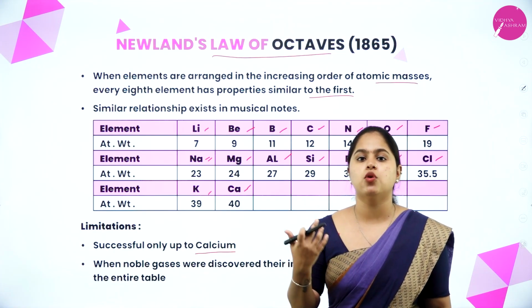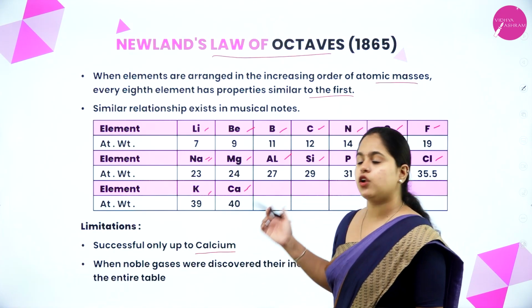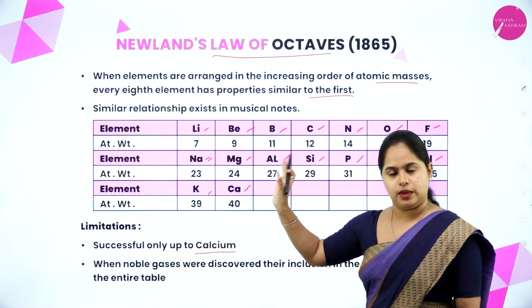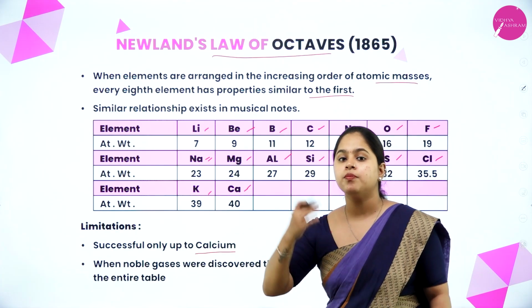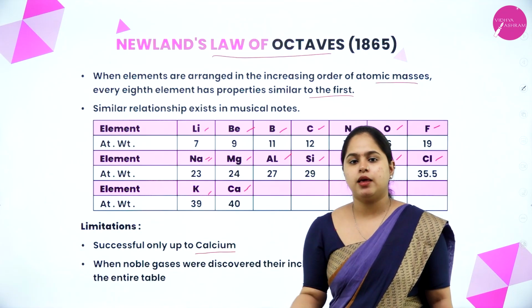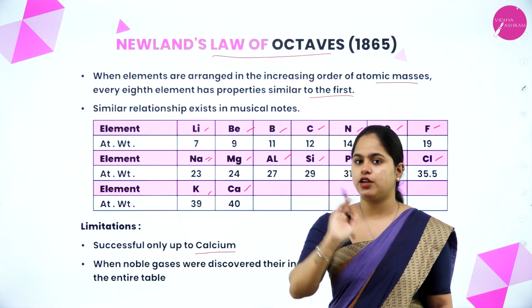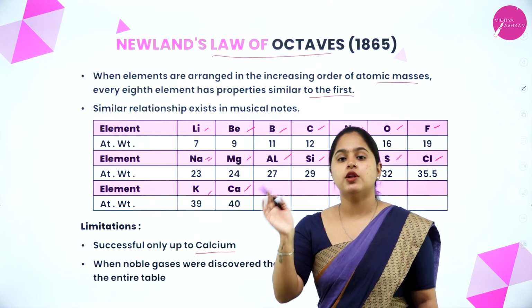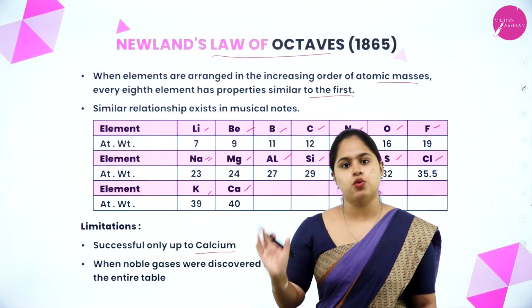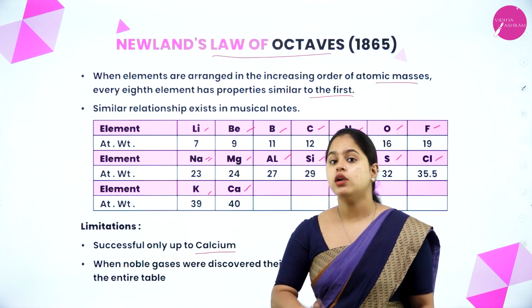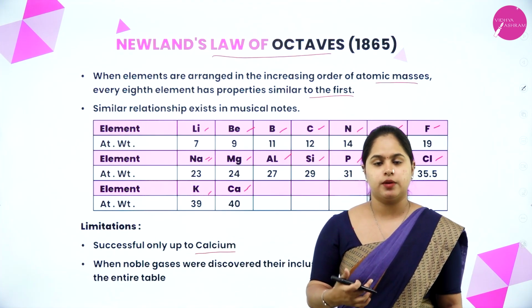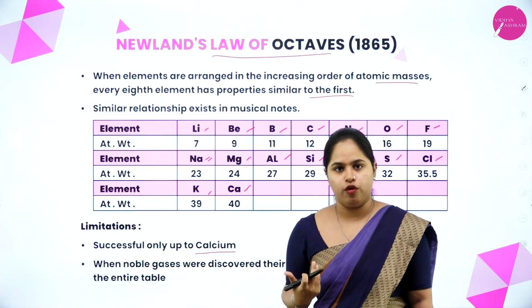According to Newlands' law of octaves, the 8th element will have properties similar to that of the respective first one. So when noble gases were discovered, this couldn't happen. It disturbed the whole table. That is what is written here. So this is Newlands' law of octaves.